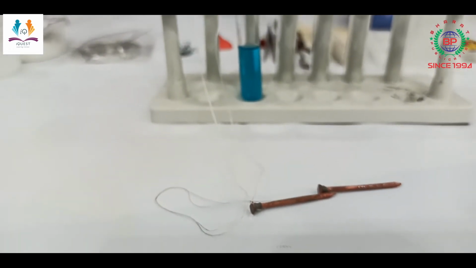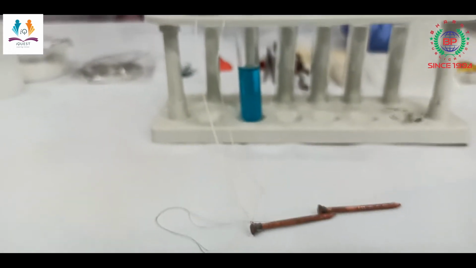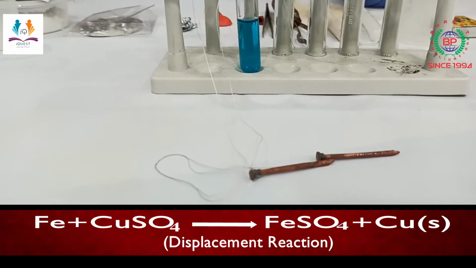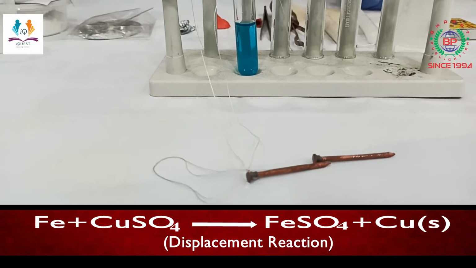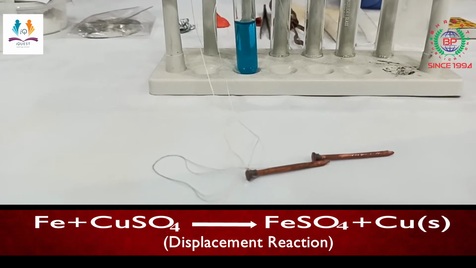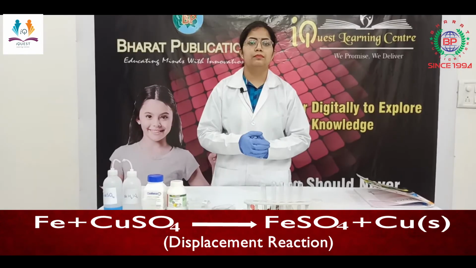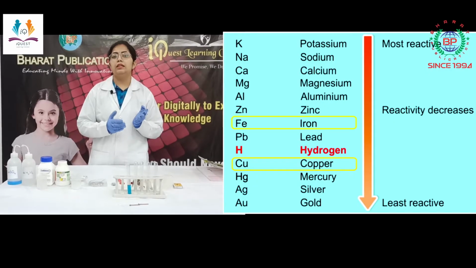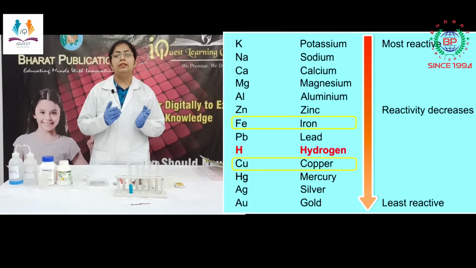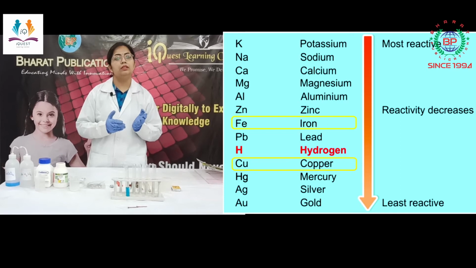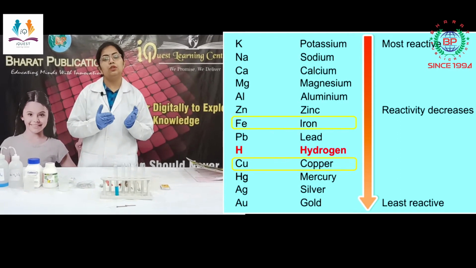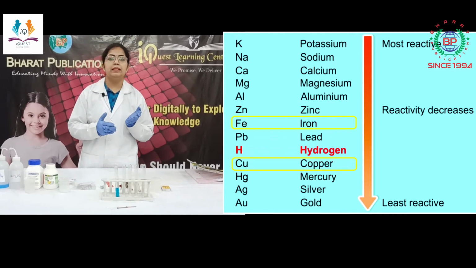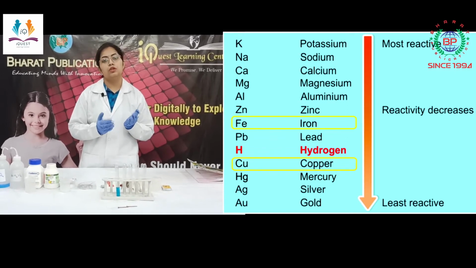It is a displacement reaction, in which because of the more reactivity of the iron, it has displaced the copper from its sulfate solution. As you can see in the reactivity series, iron lies above the copper, so it means that iron is more reactive than copper and it displaces the copper from its salt solution.